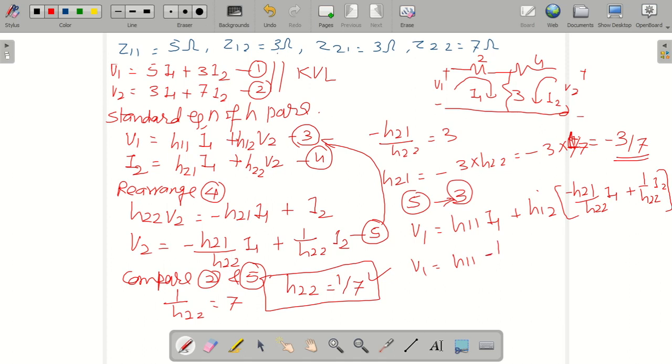Right, so I want V1 in terms of I1, I2. So V1 in terms of H11 minus H12 H21 upon H22 I1, plus 1 upon H22 I2, sorry, H12 upon H22 I2.